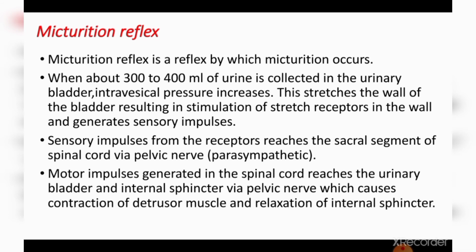So when the urinary bladder is stretched, the impulses produced in its wall will reach the spinal cord through the pelvic nerve. As a result, our spinal cord generates motor impulses which reach the urinary bladder and internal sphincter through the pelvic nerve, which causes contraction of the detrusor muscle and relaxation of the internal sphincter.